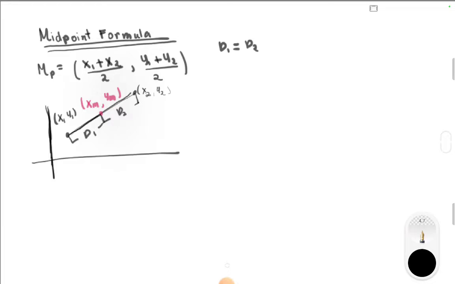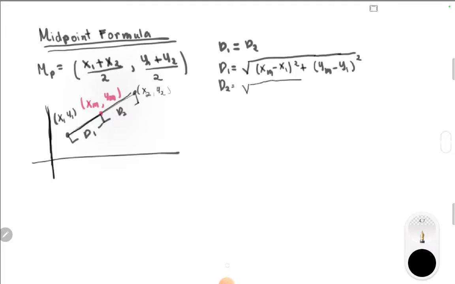Now, using my distance formula to solve for my d1, this is just equal to the square root of xm minus x1 square plus ym minus y1 square, and my d2 is equal to square root of x2 minus xm square plus y2 minus ym square.